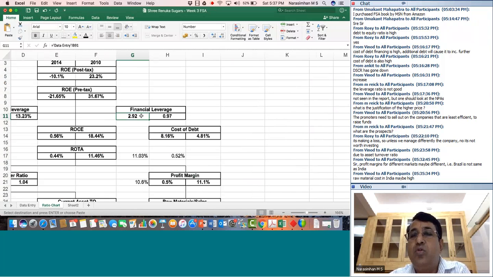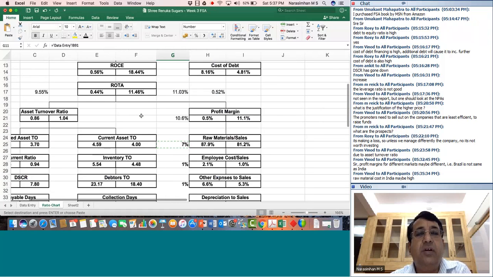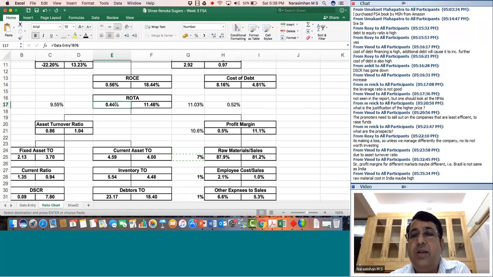There are two types of risk a business is exposed to. One is what you call the business risk. The other one is called financial risk. How do I measure the business risk? You pick up this number, the return on total assets, take it over a period of time, and then find out a simple volatility or standard deviation measure.